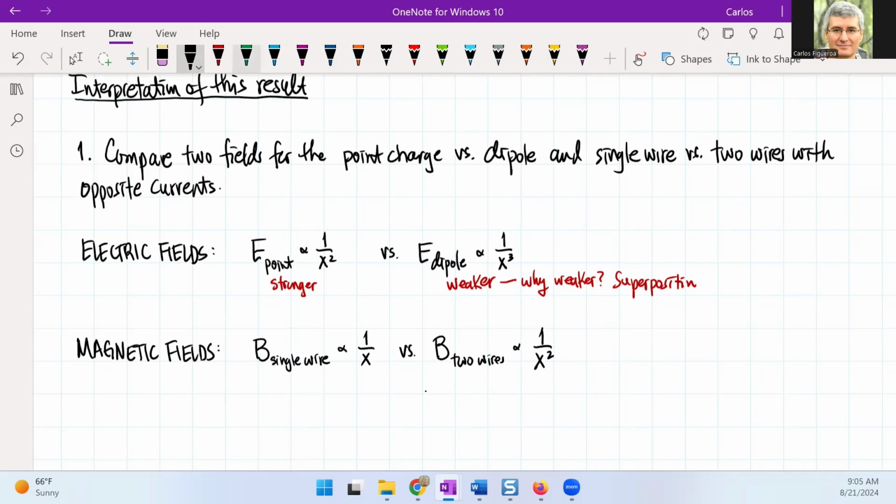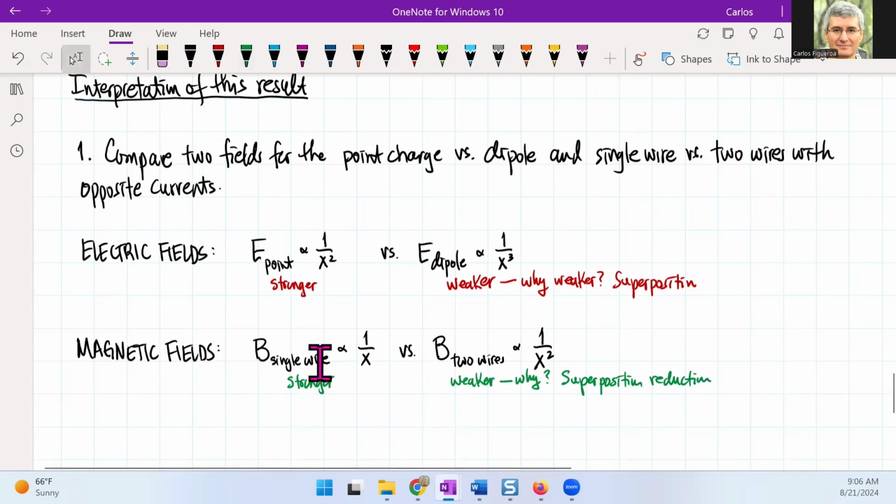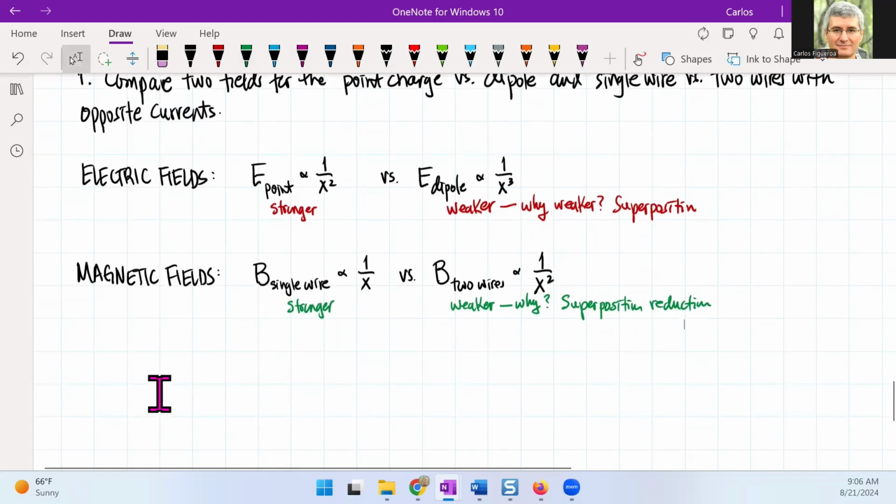Again, this is stronger. And why is this stronger compared to the two wires? Because of superposition again. And this will be weaker. And if we ask the same question, why? It's because we have a superposition reduction. That's why. So they play a very, very similar role here.